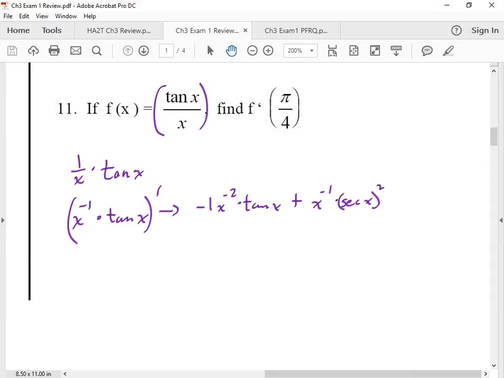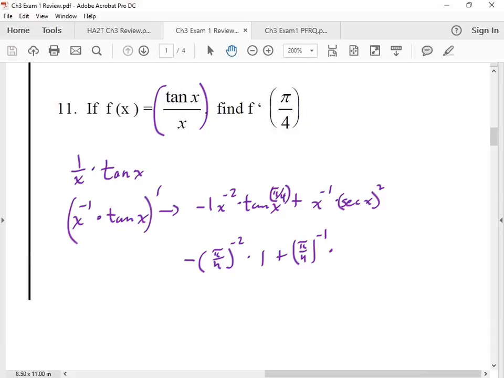Okay, so this is going to be tangent. Actually, let's just plug it all in. So you have negative pi over 4 raised to the negative 2 power times, what's tangent of pi over 4? That's just 1, right? Okay, plus, then I have pi over 4 raised to the negative 1 power times, okay, do we remember what secant of pi over 4 is?